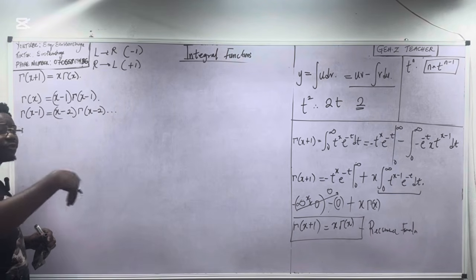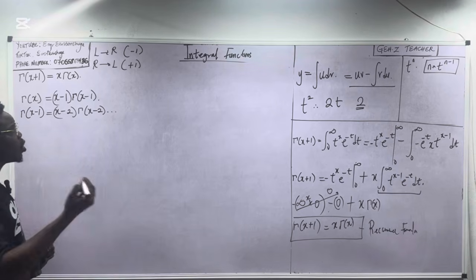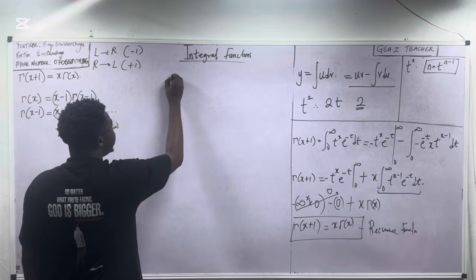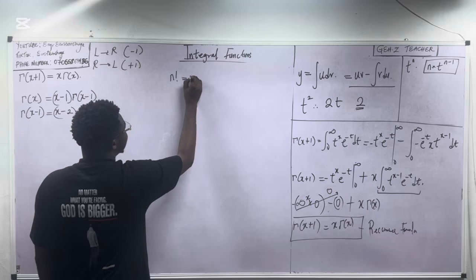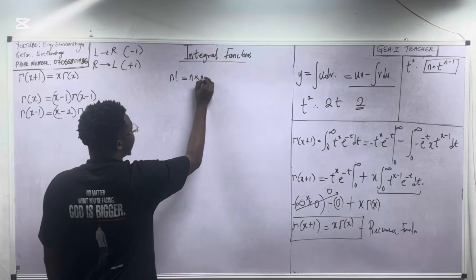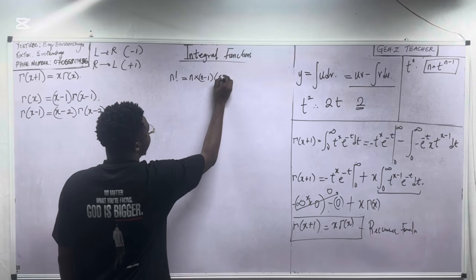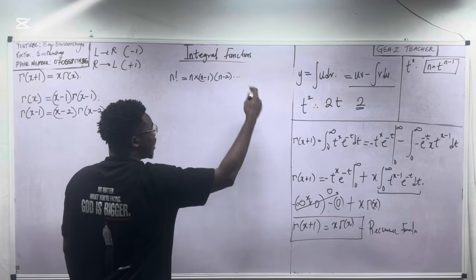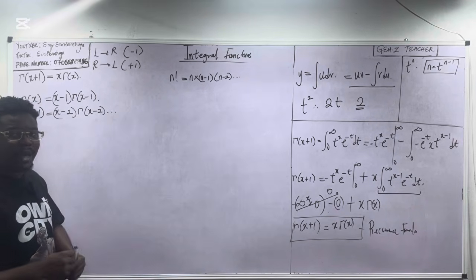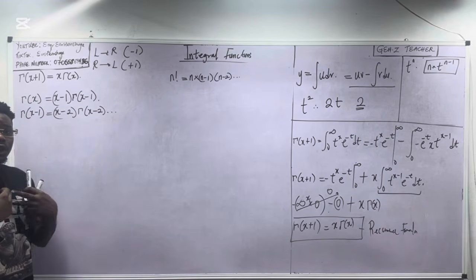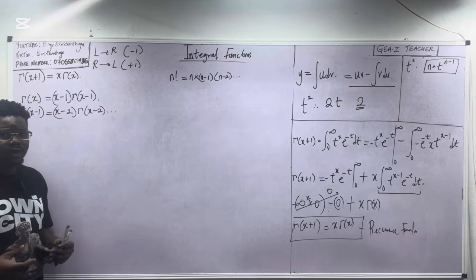Okay, so we're reducing further and further and further. And you recall for factorial, n factorial simply means n times n minus 1 times n minus 2 and so on and so forth. So whenever a function or a variable is reducing by 1, that's a factorial term.